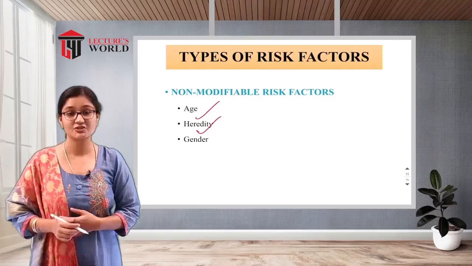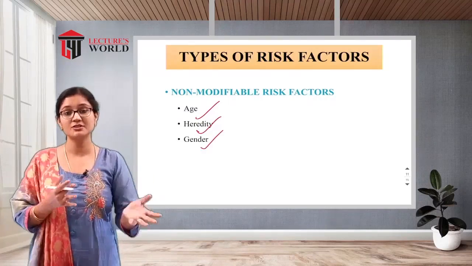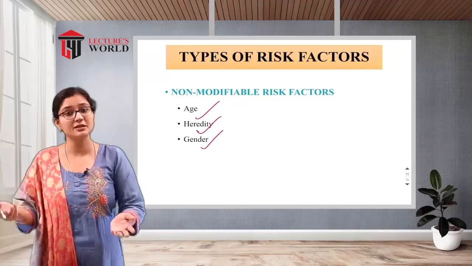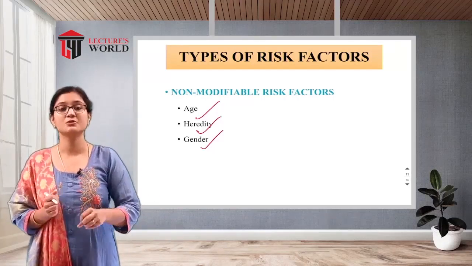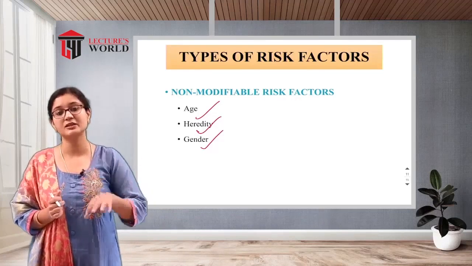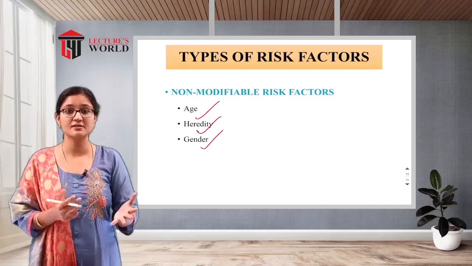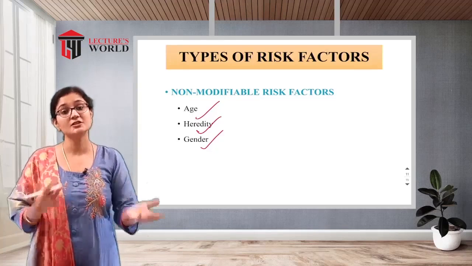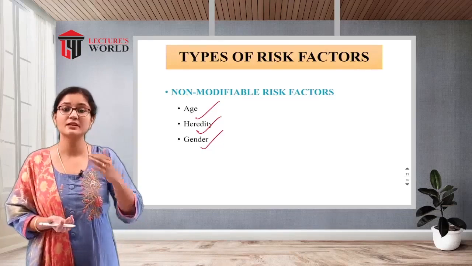Next is gender. Here, that's what I was saying about male and female. Most commonly, males are prone to this disease, females are prone to this. We can't change that, na? But we can have proper control of different parameters so that we don't develop a particular disease. Okay, are you understanding? So age is there. Again I can say that children are more prone to get respiratory disorders, because their immunity is low.